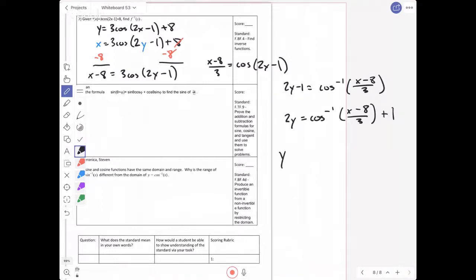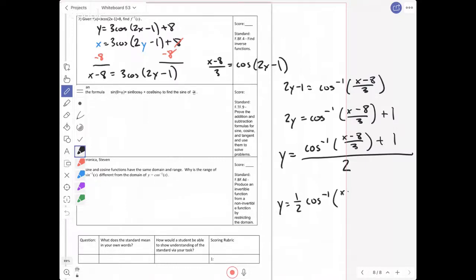And we end with y equals the inverse cosine of x minus 8 over 3 plus 1 all over 2. Or y equals 1/2 inverse cosine of x minus 8 over 3 plus 1/2.